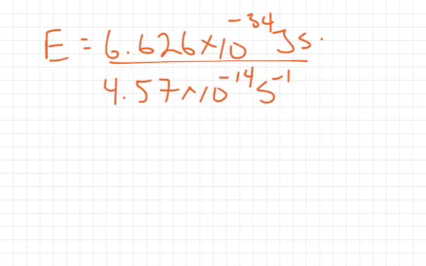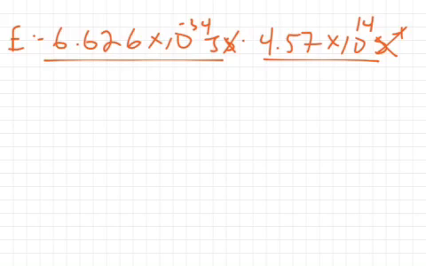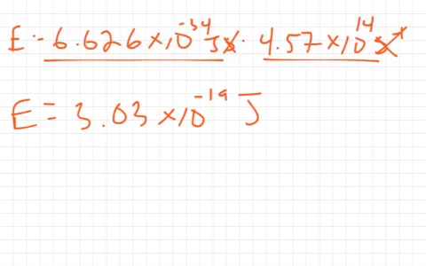We'll have this many joules. So here's our Planck's constant, here's our frequency. Seconds times inverse seconds is going to cancel out, which leaves us with an energy of 3.03 times 10 to the negative 19th joules.